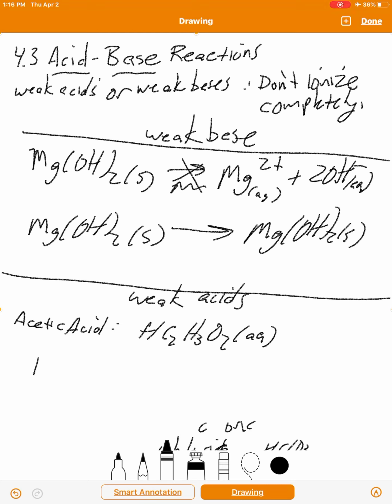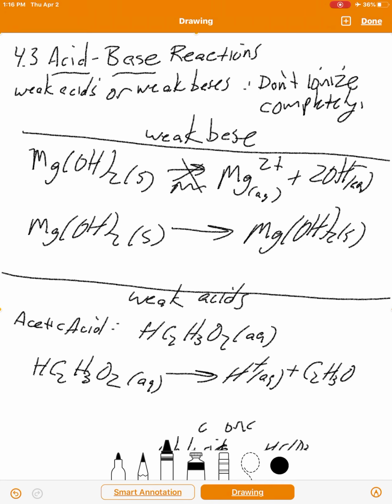So when you're doing the ionic equation again, don't break it up into H plus and C2H3O2 minus. Don't do that. Just leave it as acetic acid on the reactant side and acetic acid on the product side when you're doing the ionic equation. And then that will affect the net ionic equation.